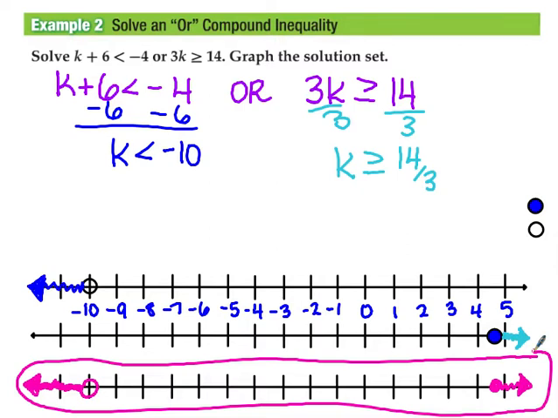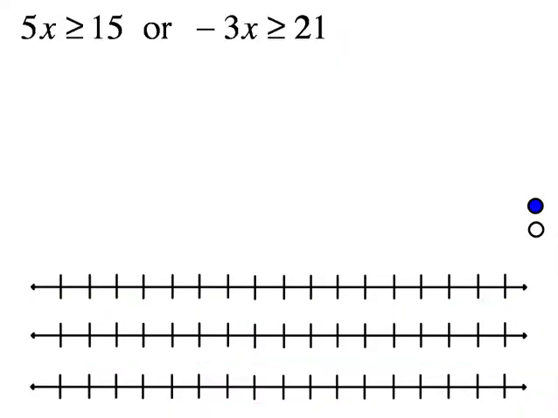Let's look at another one of those. So we have 5x is greater than or equal to 15, or negative 3x is greater than or equal to 21. So what am I going to do? Divide by 5. So what is x going to be?